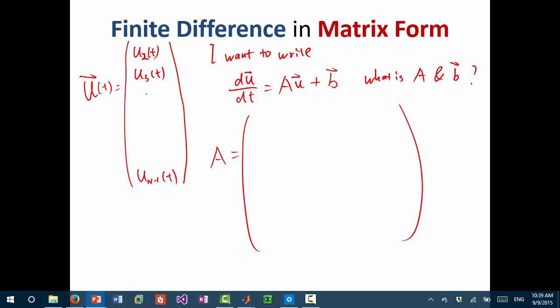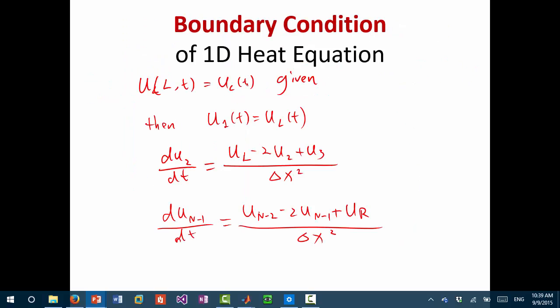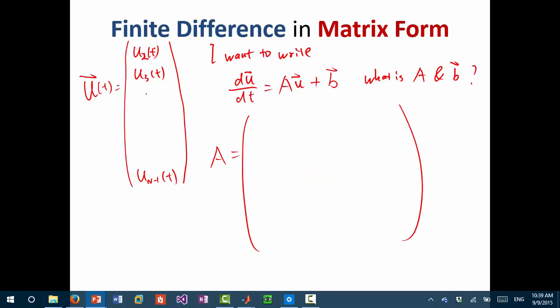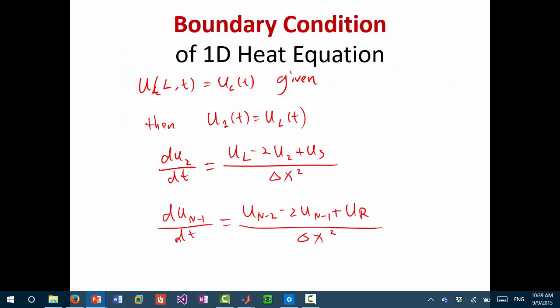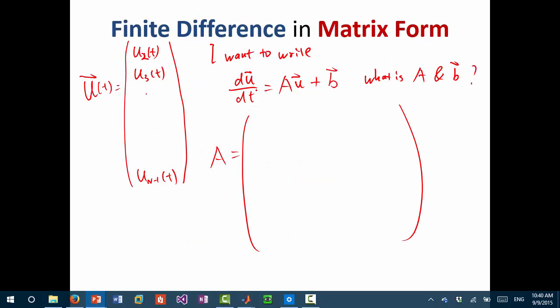Okay, so it turns out the matrix A, if you look at the boundary, if you look at the first row, du2 dt equals UL minus 2 times u2 plus u3, over delta x squared. So I know this one is minus 2 over delta x squared.